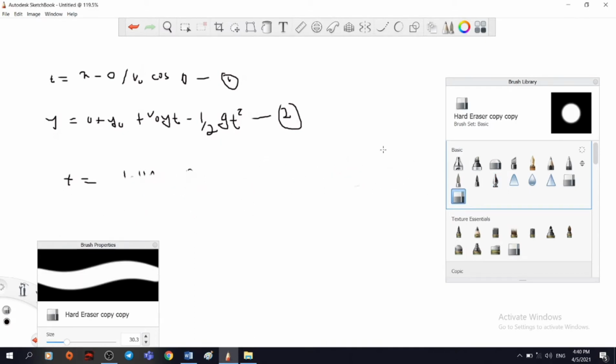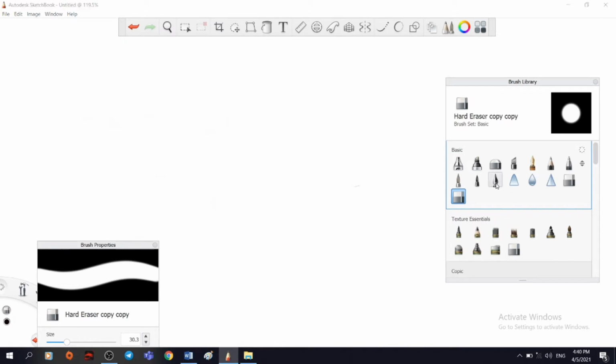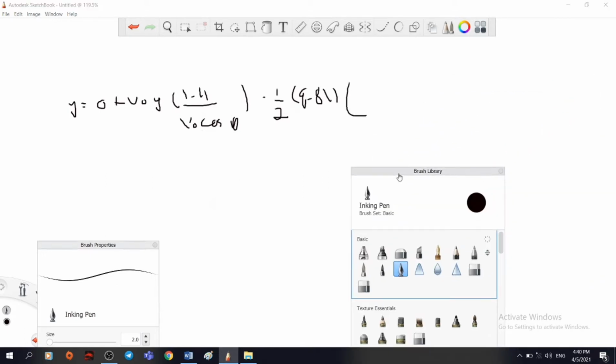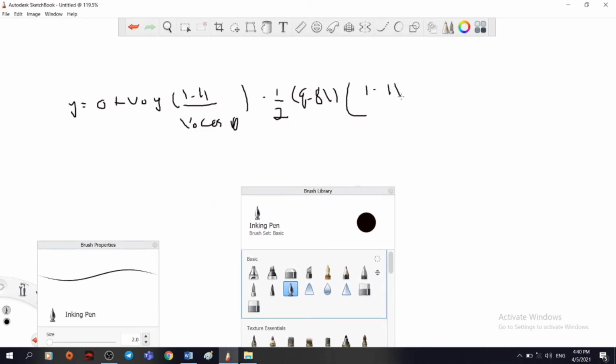It should be like this: y equals y0 plus V0y times 1.11 over V cos theta, minus 1 over 2 multiplied by 9.81, this is gravity, multiplied by 1.11 over V cos theta, squared.